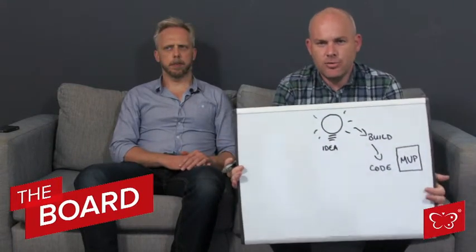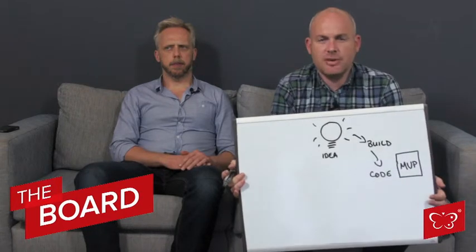If you haven't seen an idea before, that's exactly what it looks like. And then you're going to start getting into the build and the actual coding itself. Once you have that done, you should have your minimum viable product.